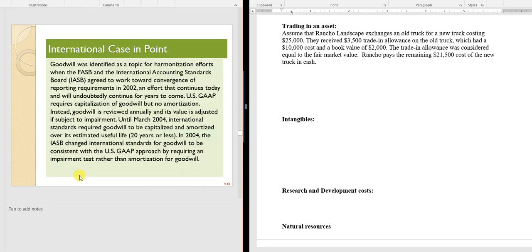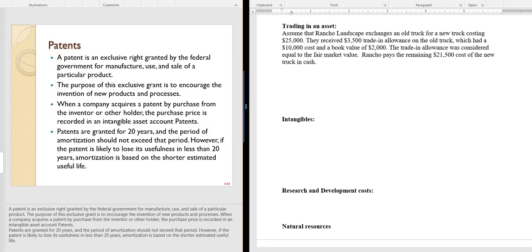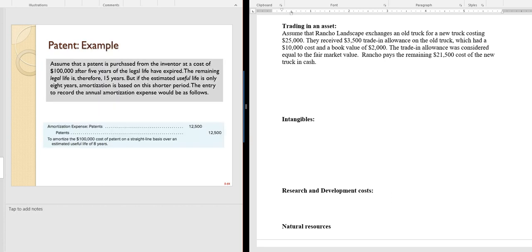We currently do impair goodwill, just like we can impair land, but until they change the rule, we have no amortization. So read through on what a patent is, make some notes on it. You may have some questions on it, but just basically know what they are.